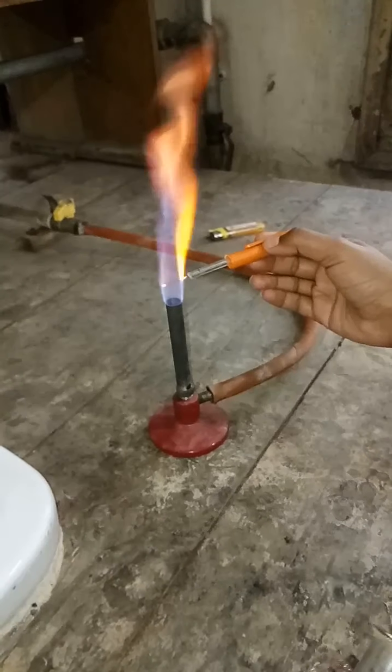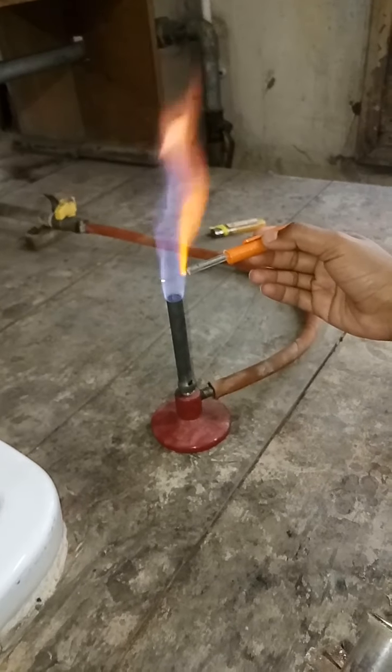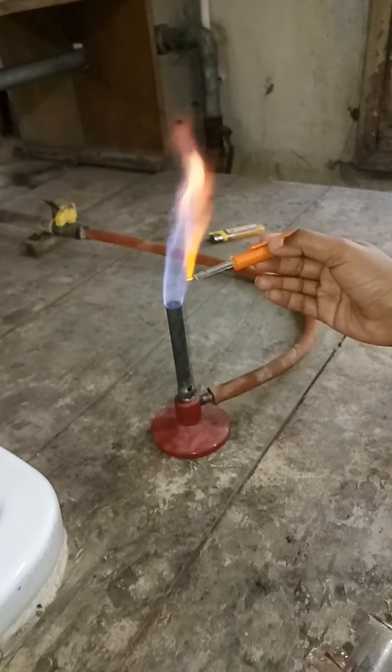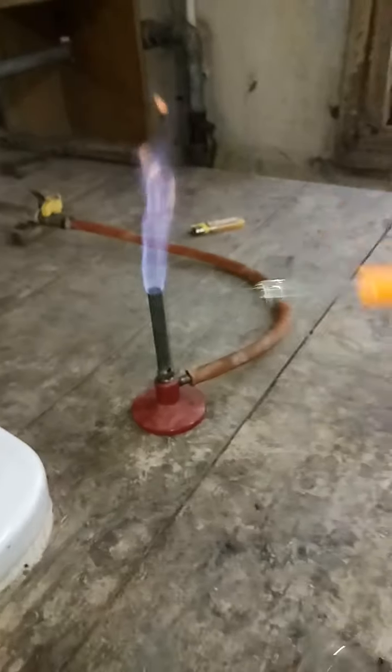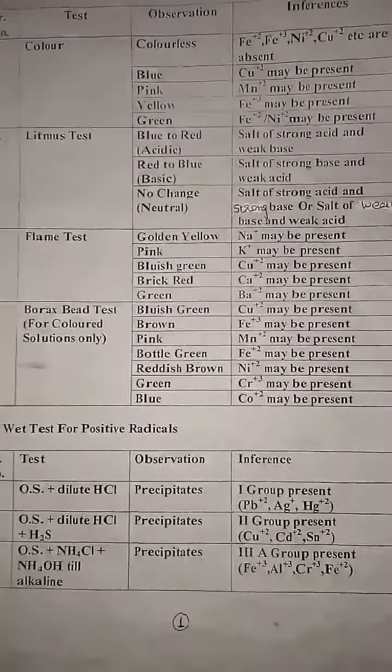Here you can see that we didn't get any particular flame. So in your observation you write down no particular flame, and all of those positive radicals which have a characteristic flame may be absent.